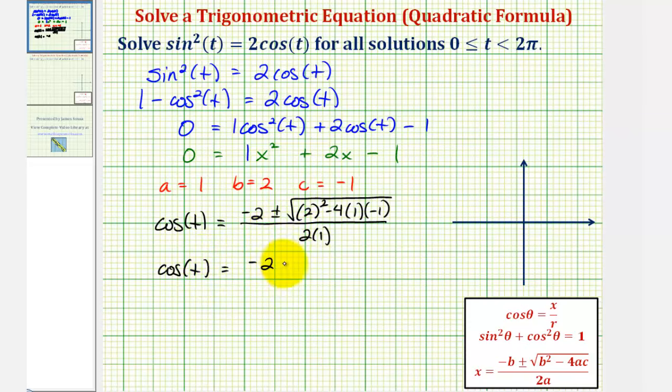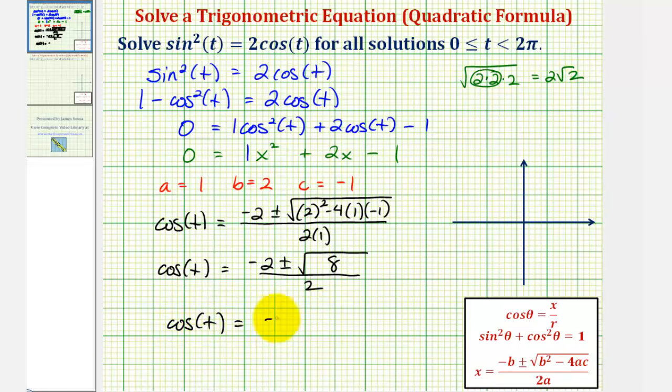Now let's go ahead and simplify this. We have negative 2 plus or minus the square root of 4 plus 4, or 8, all divided by positive 2. Well, the square root of 8 is equal to the square root of 2 times 2 times 2. And since the square root of 4 is equal to 2, this simplifies to 2 square root 2. So we can write this as cosine t equals negative 2 plus or minus 2 square root 2 divided by 2.